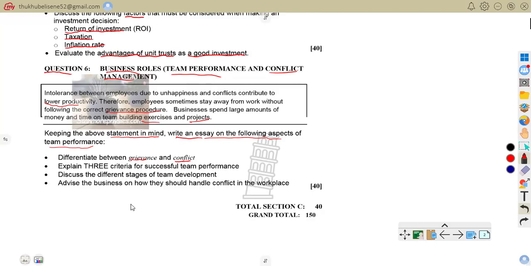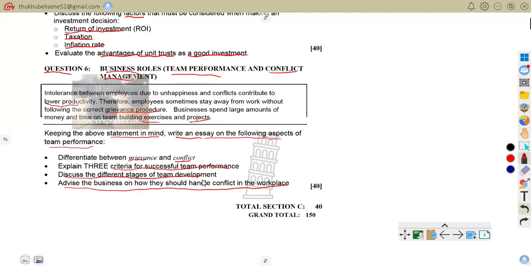Make sure that you are able to give a differentiation between these two. Explain 3 criteria for successful team performance. Discuss different stages of team development. Advise the business on how they should handle conflict in the workplace.